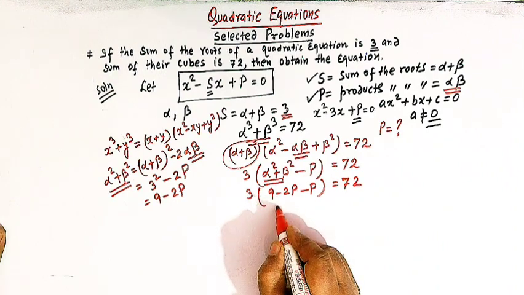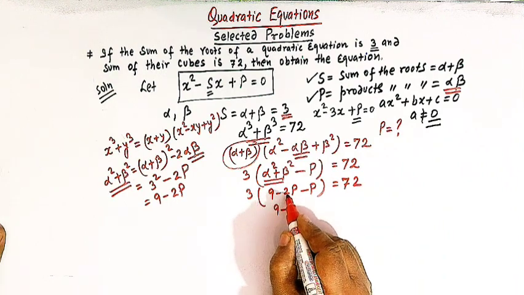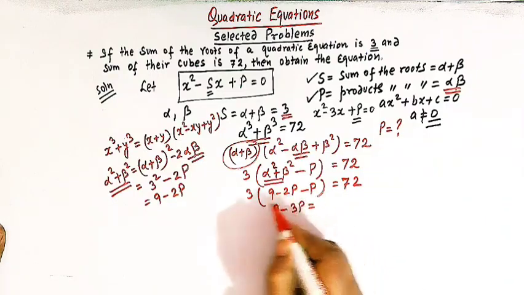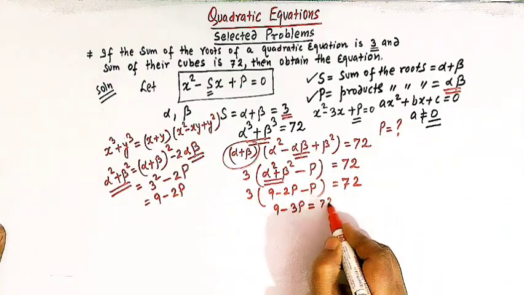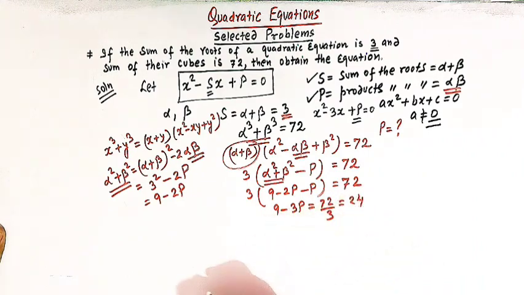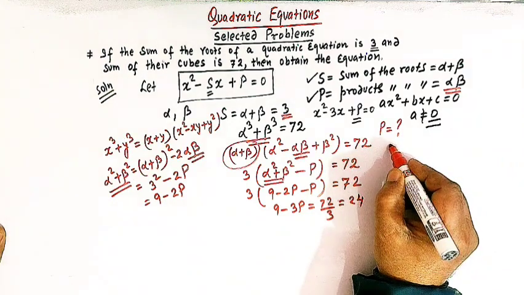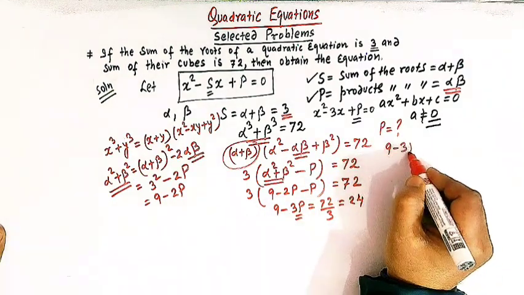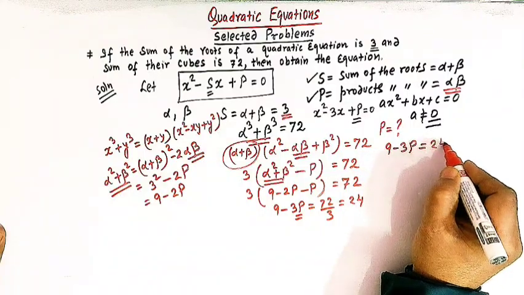Now here we have 9 - 2p - p, which is 9 - 3p. Dividing 72 by 3, we have 24, right? So now we have a linear equation in p: 9 - 3p = 24.